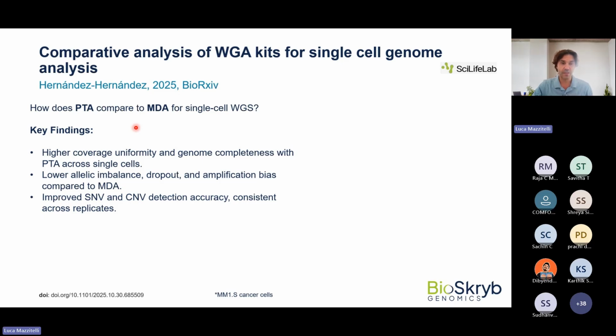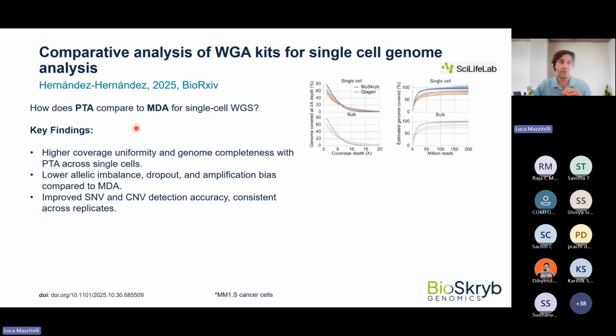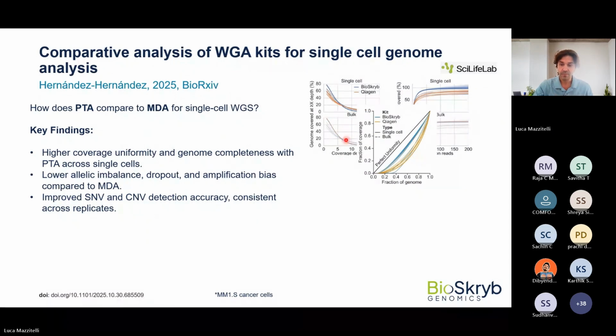The key finding of this publication is that PTA provided a higher coverage and better uniformity with more genome completeness across single cells.